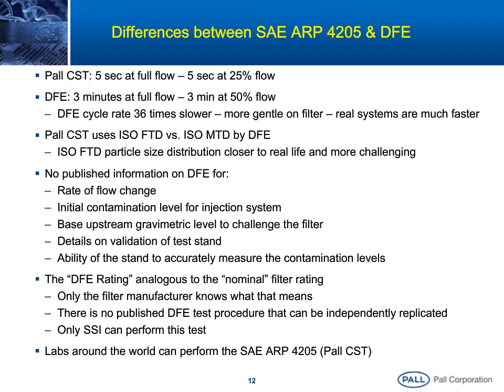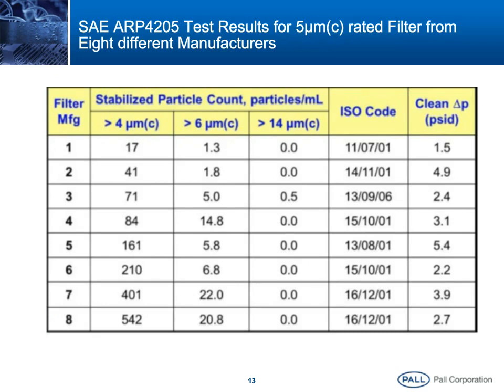Now let's look at some of the test data. This table shows the results for filters from 8 different manufacturers that were rated by the multi-pass test method as 5 micron C S beta ratio of 1000. But when tested under cyclic flow per the SAE method, the performance varied by a wide margin, as you can see.